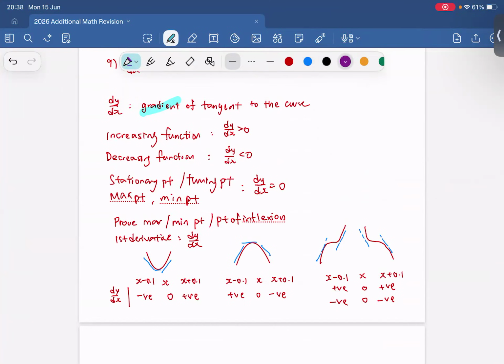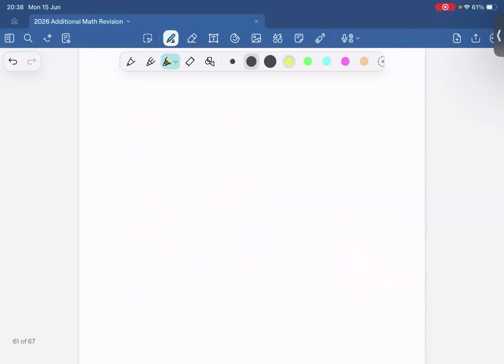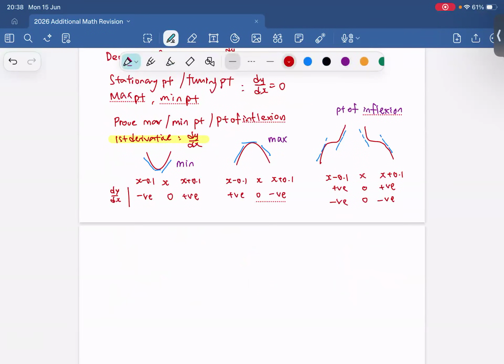So this is your minimum, this is your maximum, this is your point of inflection. This is only your first derivative test. You still have another test that you can do. It's called your second derivative test.